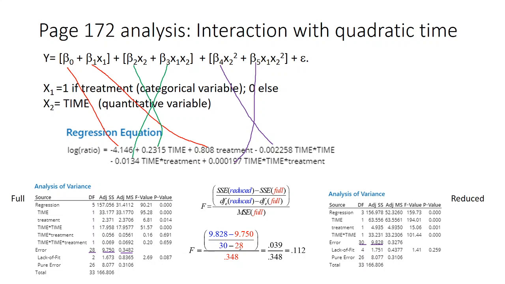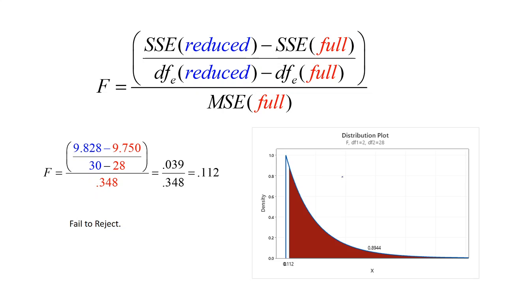Remember, my numerator is just the number of predictors that I got rid of, which would be 2. And my denominator is my mean squared error, which has the same degrees of freedom as my full model, so that would be my 28. All right, I can go ahead and calculate this to be 0.112. My degrees of freedom in the numerator is 2, my degrees of freedom in the denominator is 28, and I get a p-value of 0.412, so I fail to reject.